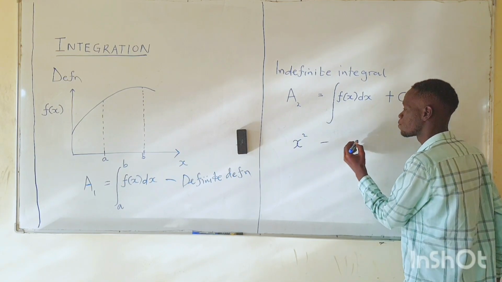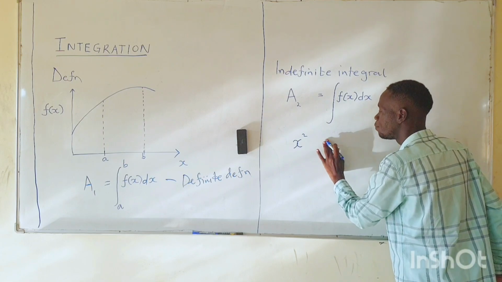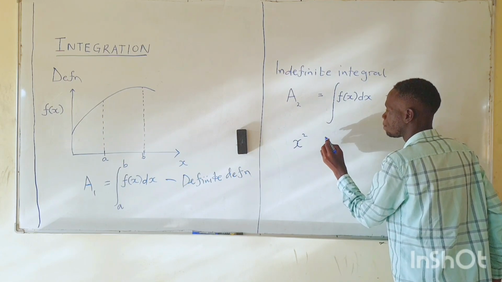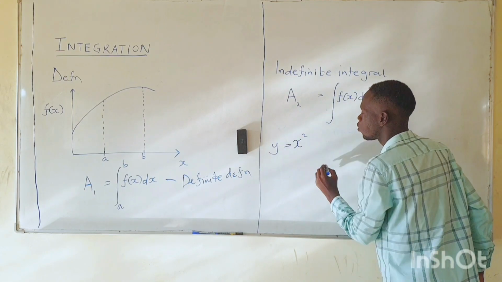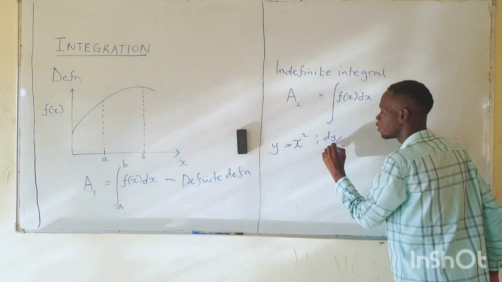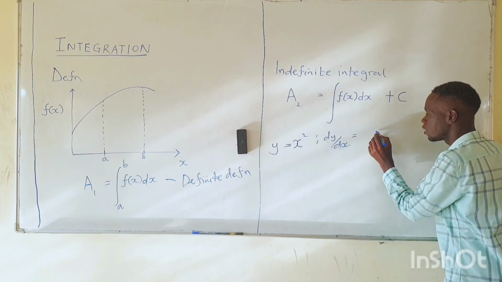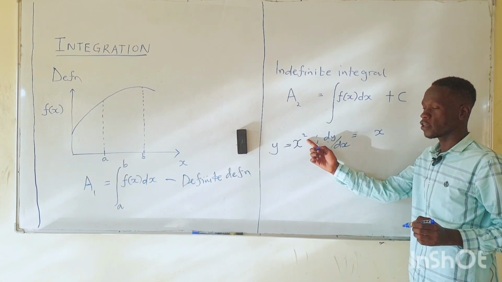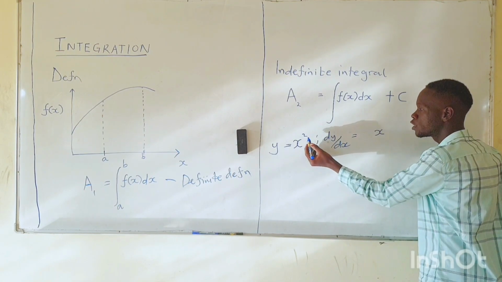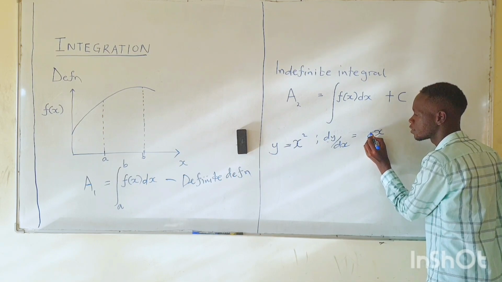By 1. Let's say this is equal to y. So it will become dy/dx. We are reducing the power by 1. That is x, 2 minus 1, which is 1. Then we multiply the original power at the base.